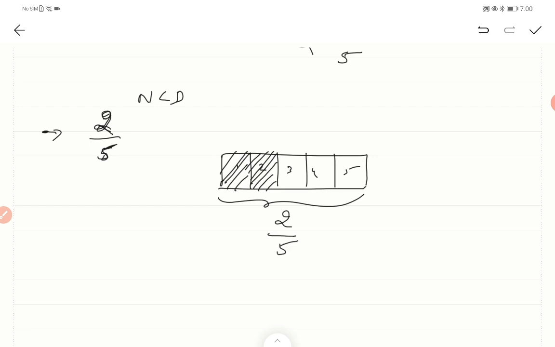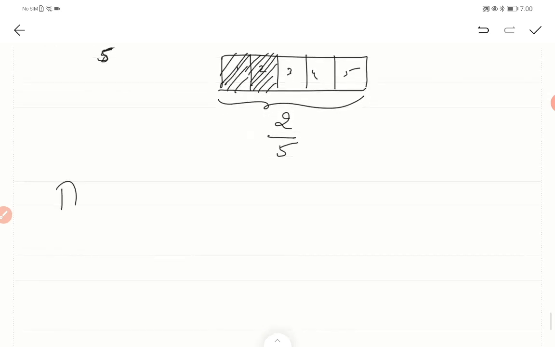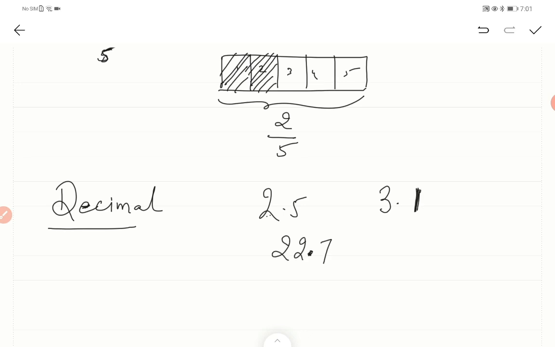All right, I think let's stop here for today. In the next class we will start with decimals. Decimal is nothing but another form of representation, where you have any number with a point like 2.5. I hope you have seen this, 3.1 or 22.7, and so on.